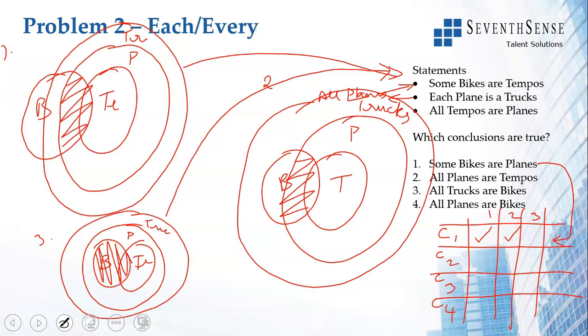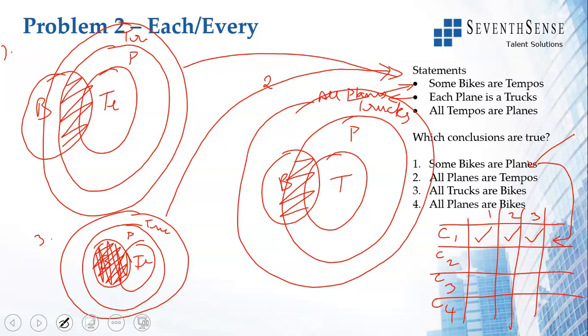See, if all bikes are planes, some bikes will definitely be planes. Correct? If all the people in the college are students, some of the people in the college will also be students. So this conclusion is true in all the three diagrams.